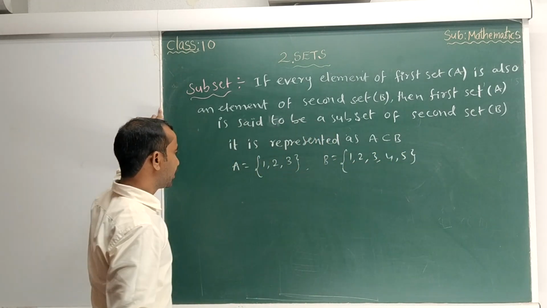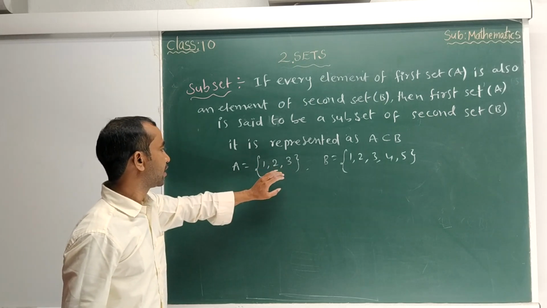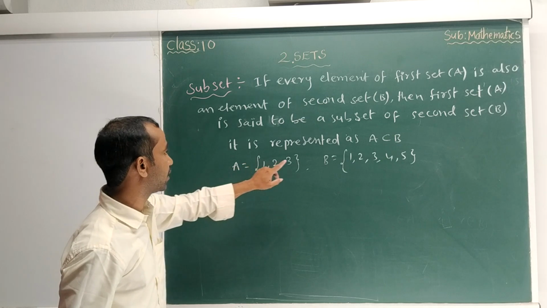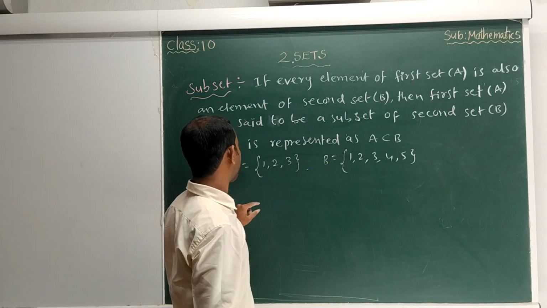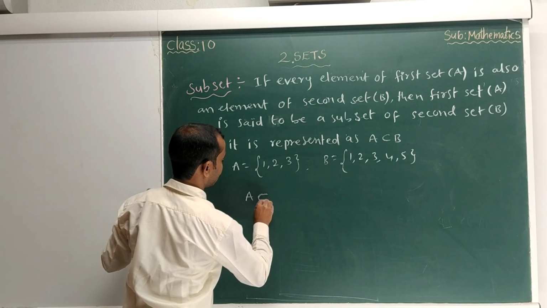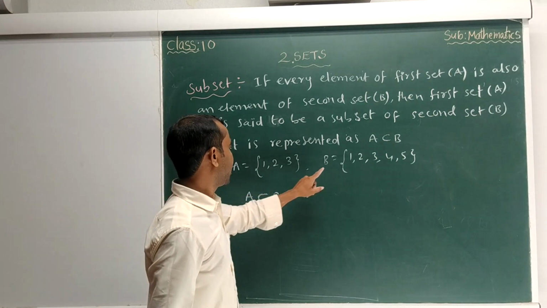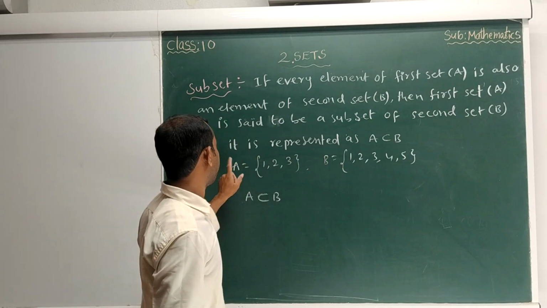Here each and every element 1, 2, 3 belongs to set A and also set B. So A is a subset of B, and B is not a subset of A. Why?